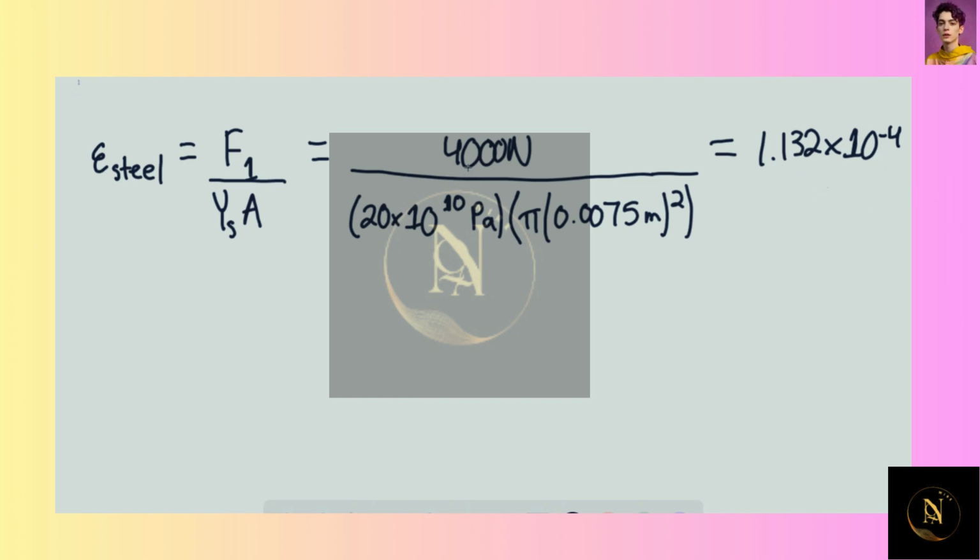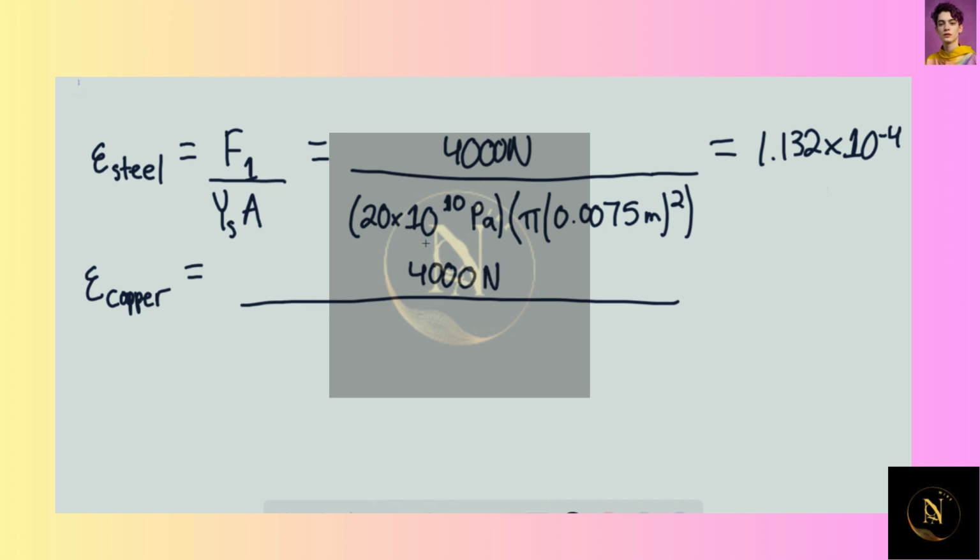Now, we know that for the copper rod, it's going to be the exact same thing. However, now we're going to be using the Young's modulus of copper. So for the copper, this would be equal to, again, 4,000 newtons.